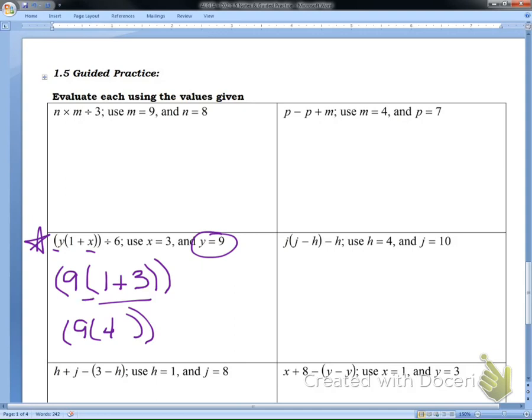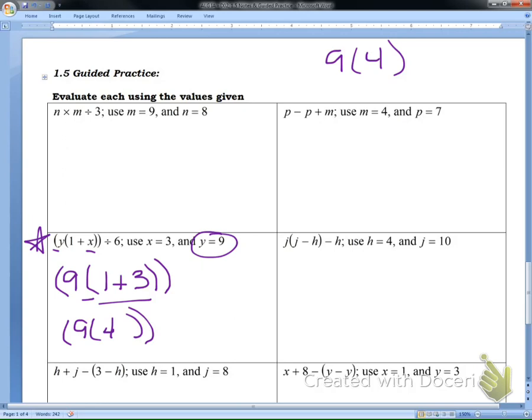Remember when I showed you different ways to show multiplication? If you had a constant times another constant, sometimes we just show it with parentheses instead of a dot, or obviously not an x, because we don't want to do that in algebra. We'll get confused with the variable x. So that's why I had to leave it that way.